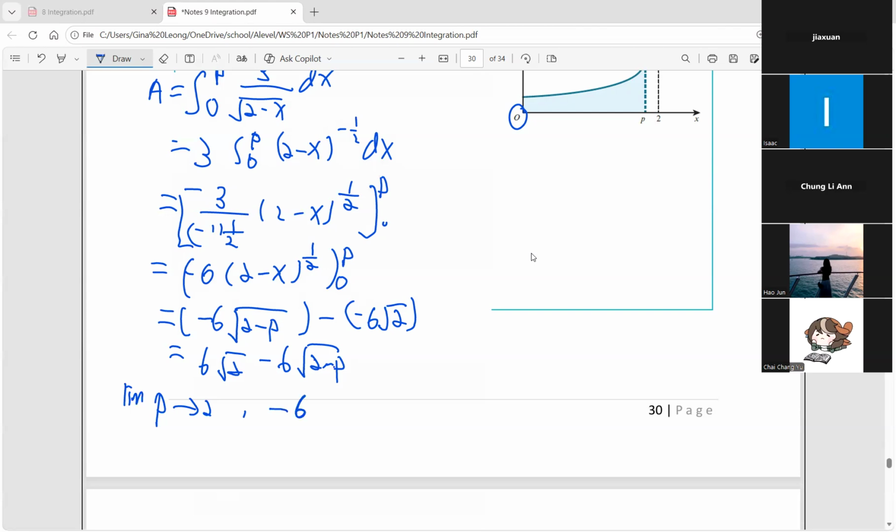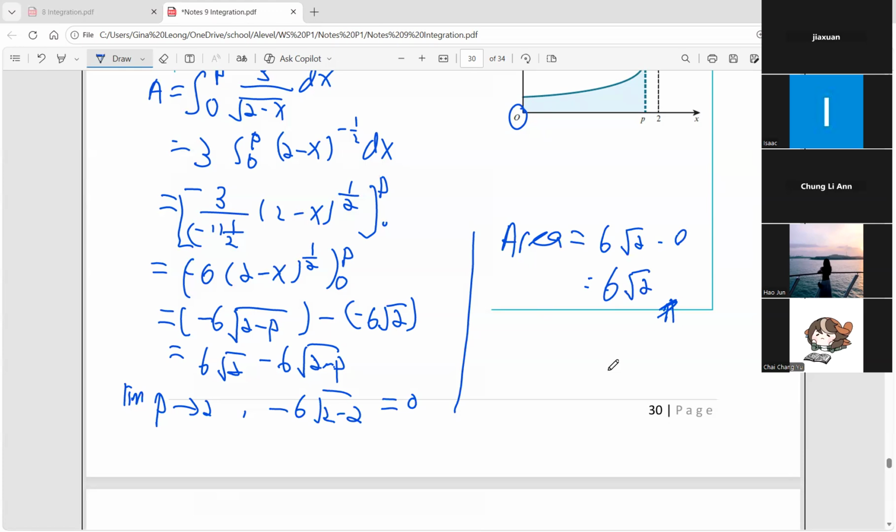I get 0, correct or not? 0. So my area will be 6 square root 2 minus 0, which is 6 square root 2. This is my final answer.